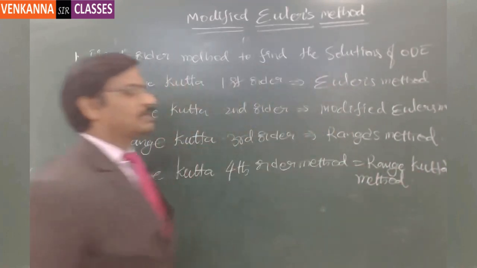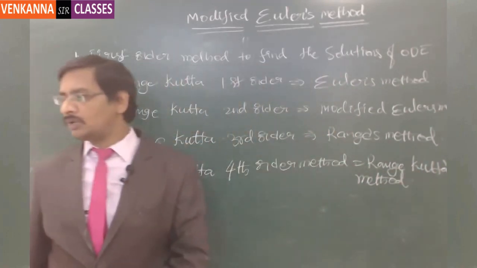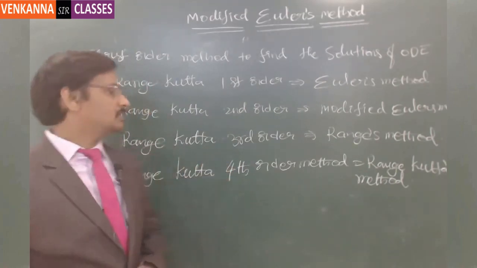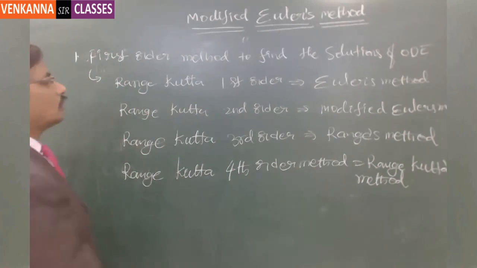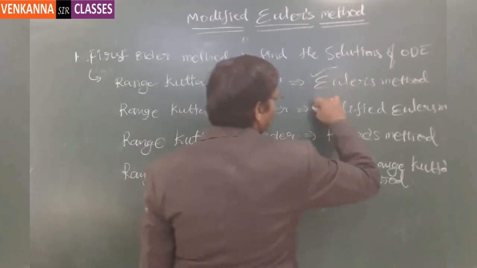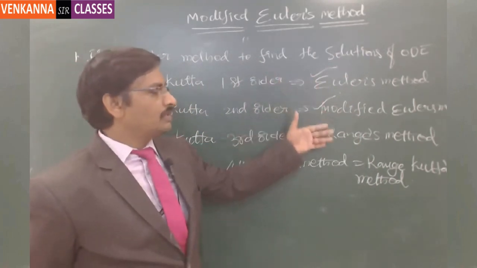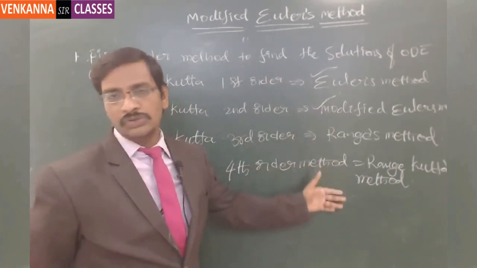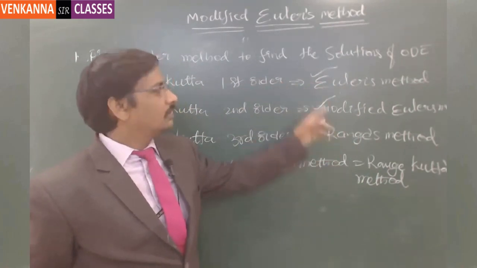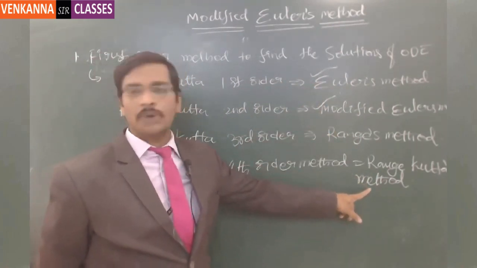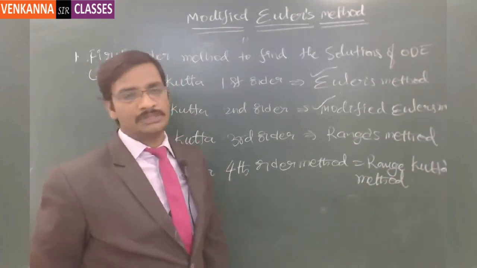Got it? So these are the four different types we can make use of to calculate the solutions of ordinary differential equations. The first one, Euler's method, and the second one we got to know, and then there were improvements in finding the solutions in this order: first order, second order, third order and fourth order. The fourth is most popularly used for all calculation purposes.